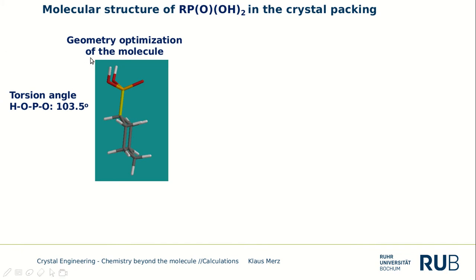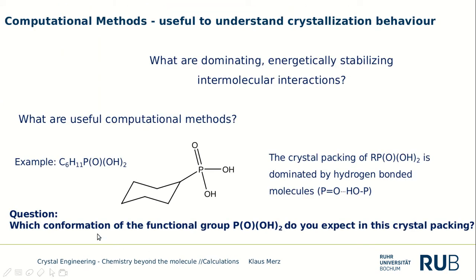And if you look at the torsion angle here, H-O-P-O, you will get nearly a tetrahedral angle. Is this the answer to the question, the conformation of a functional group in the crystal packing?